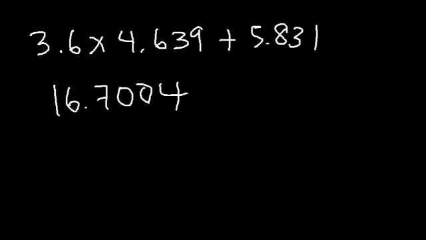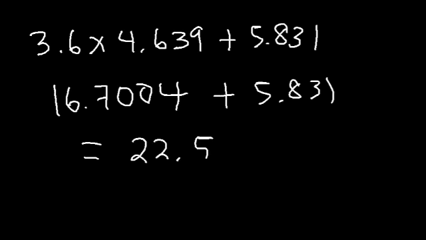So now let's add 16.7004 plus 5.831. So the final answer, or the exact answer, is 22.5314. So now we got to figure out where we should round this answer.